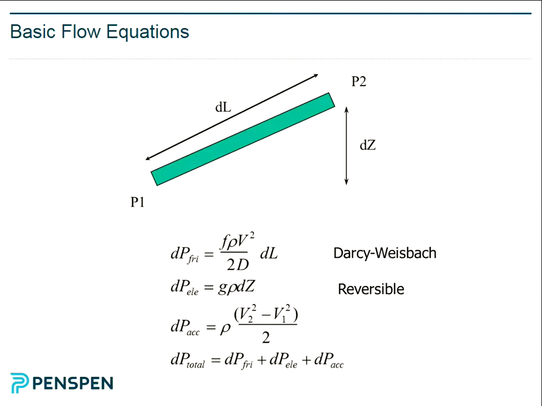Now, if you want to work out the friction factor for laminar flow, it's incredibly straightforward. It's basically 64 divided by the Reynolds number. So for Reynolds number greater than 2,000, there are a number of different equations. I would say the most accurate is the Colebrook-White equation.